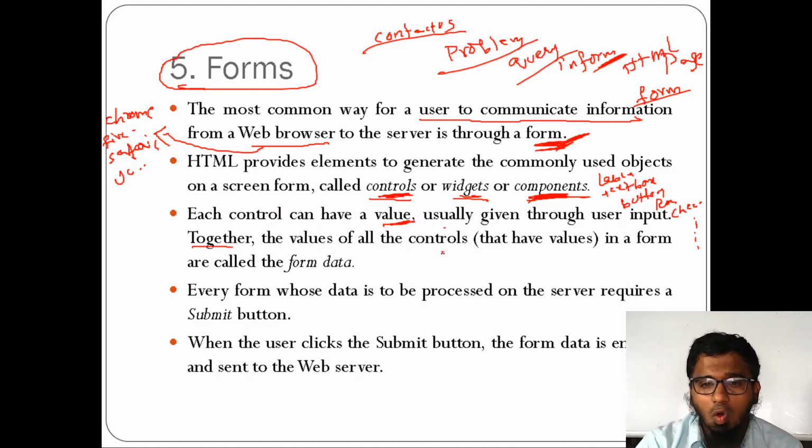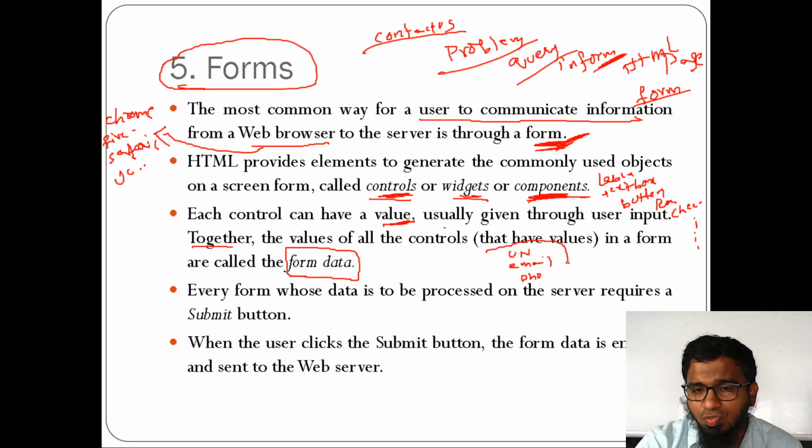The value of all the controls that have values in the form are called form data. That means in one form we will have your name, username, email ID, phone number.